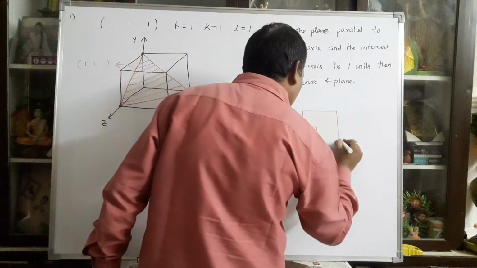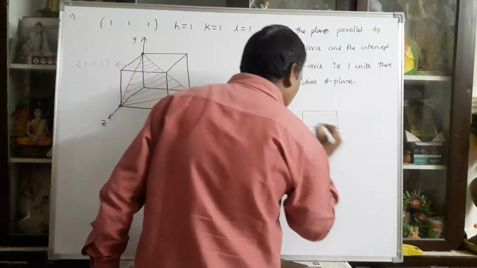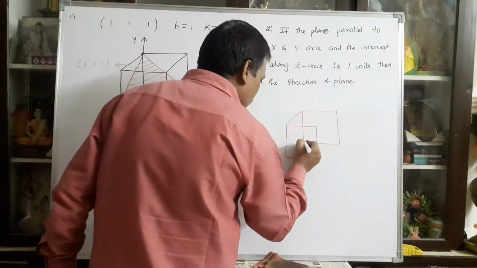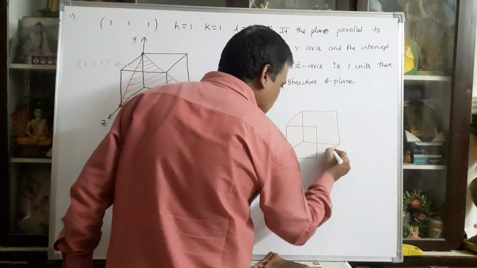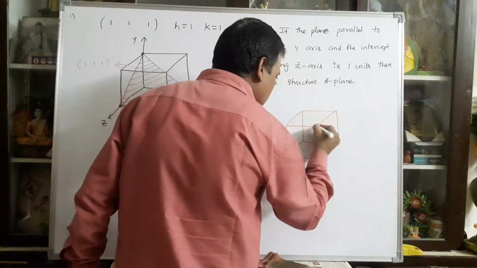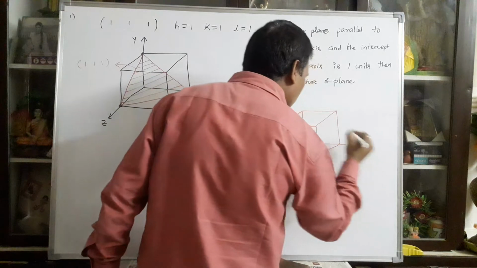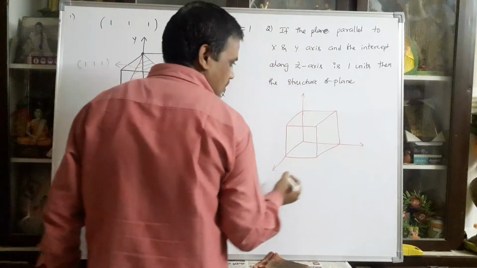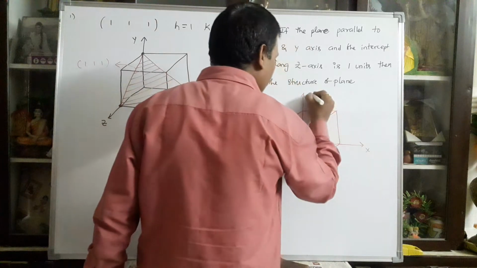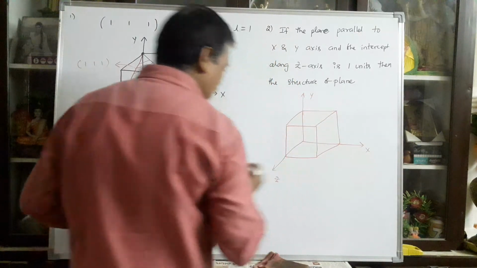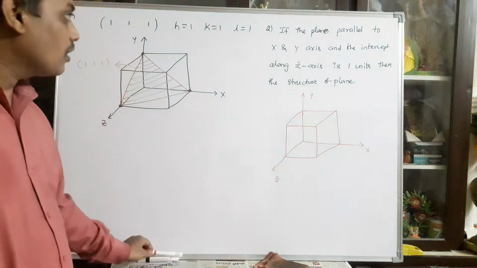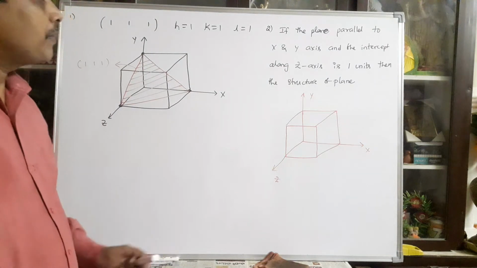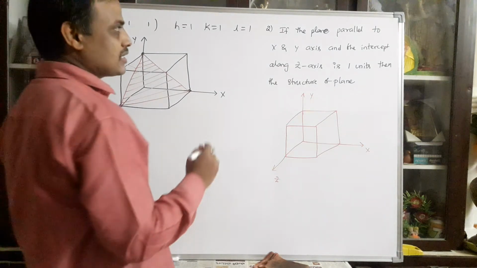So according to the data given, the plane that is drawn must be parallel to the two axes given. Suppose I am taking the x direction, y direction, z direction. So this is the plane. According to the given data, the plane is parallel to both x and y axis.